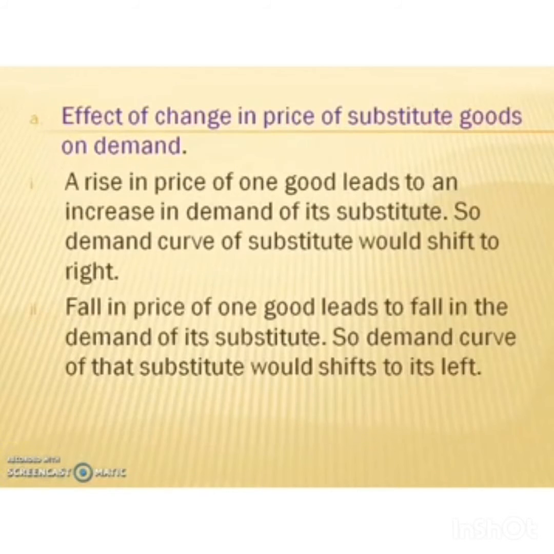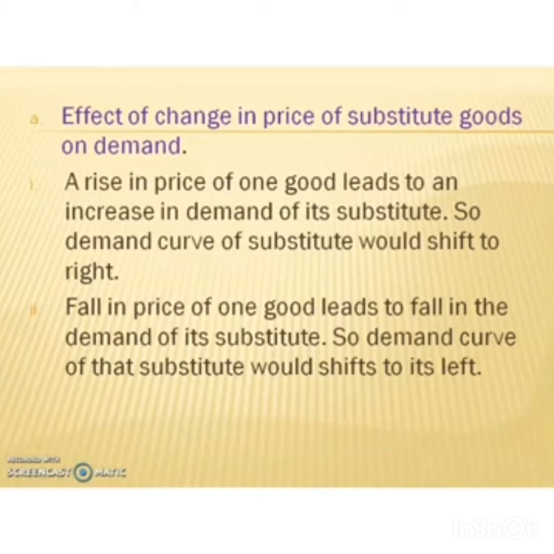So let's check the effect of a change in the price of substitute goods on demand. A rise in the price of one good leads to an increase in demand for its substitute. For example, a rise in the price of coffee leads to an increase in demand for tea.